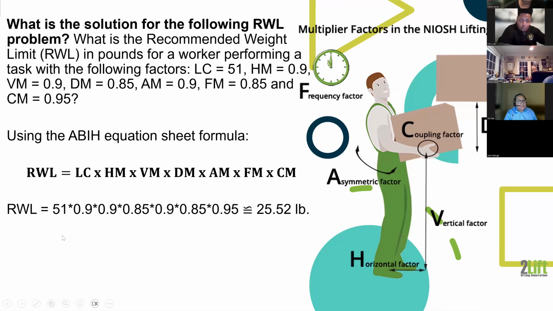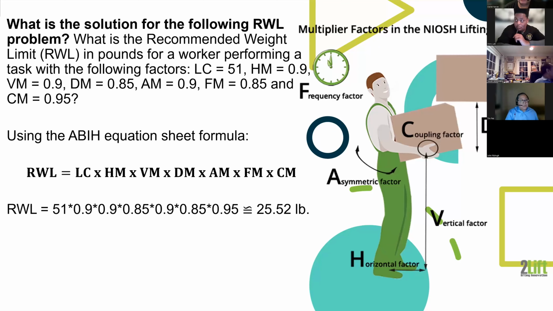Okay. So, what is the solution for the following problem, which is for the recommended weight limit, in pounds, for a worker performing the following test with the following factors? You have a bunch of factors here, but what's important to know is that they will give you the factors, and you have to put them in as fast as you can.